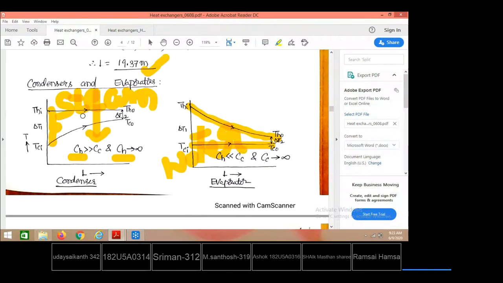Here, on losing the heat, 100 degrees centigrade steam will convert to 100 degrees centigrade liquid. So just a simple phase change takes place in one of the fluids. In the case of condenser, the hot fluid is maintained at constant temperature and the other fluid is simply changing temperature. In the case of evaporator, the cold fluid is maintaining constant temperature and the other fluid is changing temperature.